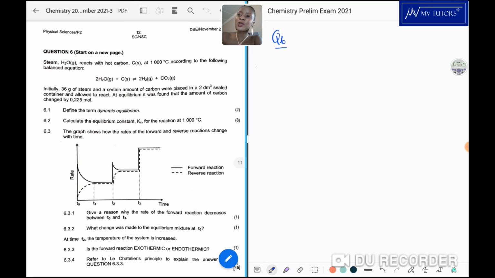Okay, guys, so dynamic equilibrium basically is where the rate of the forward reaction is equal to the rate of the reverse reaction. Yeah, guys, I'm just using arrows so that you know.